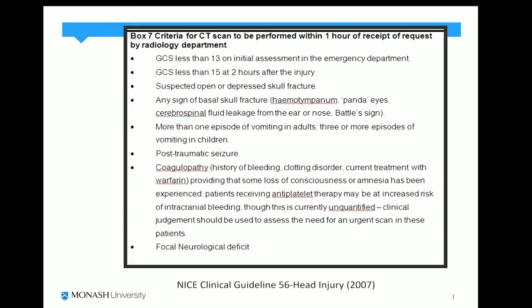So if there's a history of bleeding or clotting disorders, or if the patient is currently on treatment with warfarin, and if there's some loss of consciousness or amnesia, patients that are receiving antiplatelet therapy may also be at increased risk of intracranial bleeding. And then a focal neurological deficit, that means that if there's either a paralysis or if the patient is unaware or unconscious.